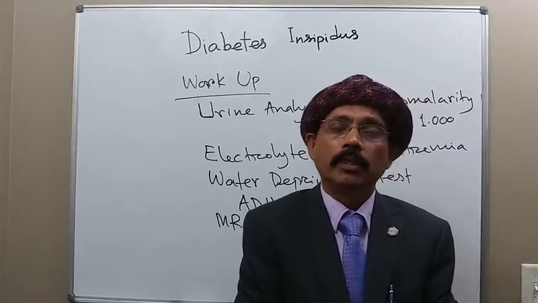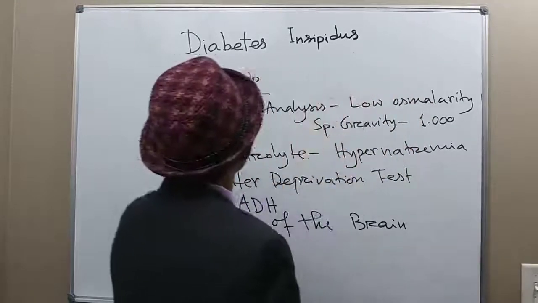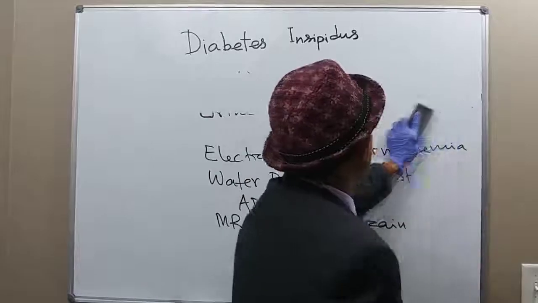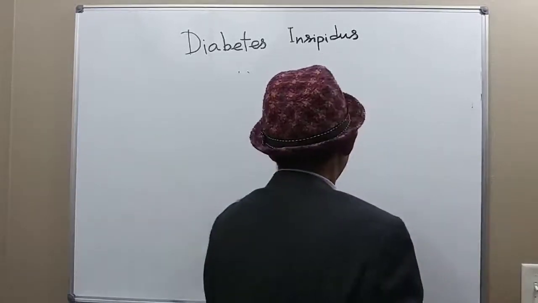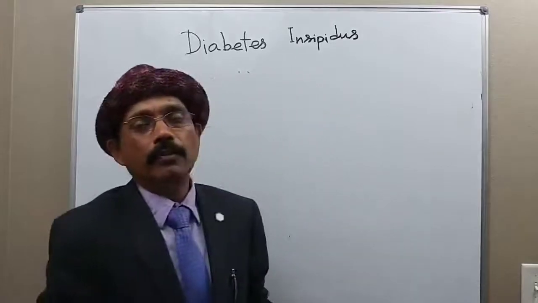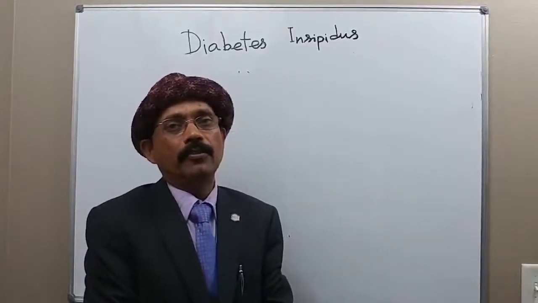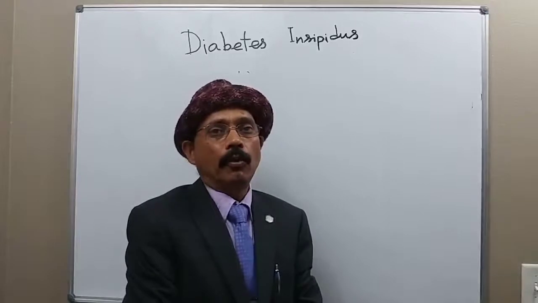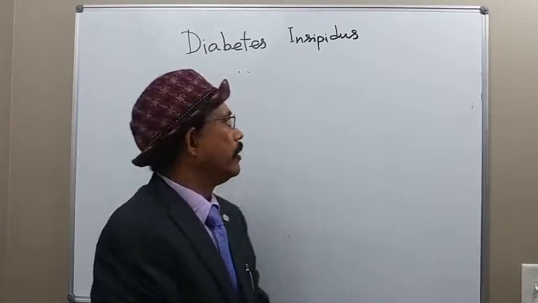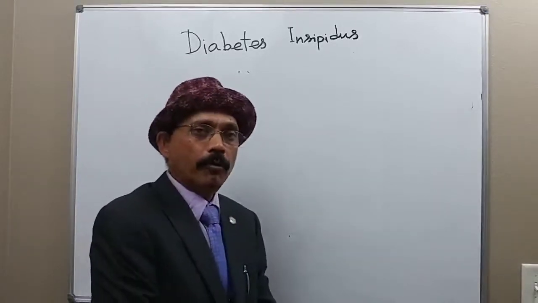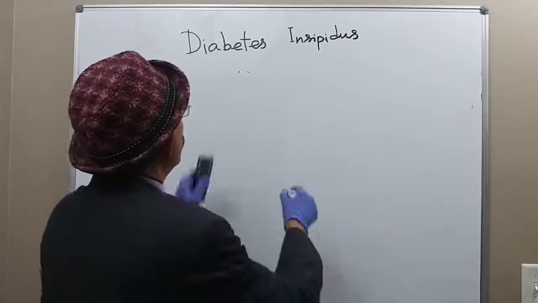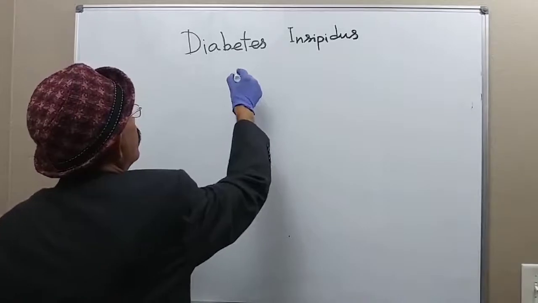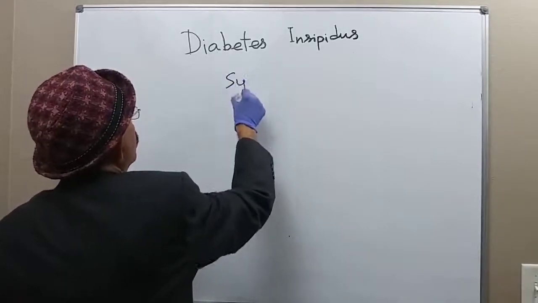Now we'll give the treatment. Treatment is very easy to remember, especially in case of neurogenic diabetes insipidus. We'll find out the exact cause, and because there is lack of production of antidiuretic hormone or vasopressin, we'll give this person synthetic antidiuretic hormone.